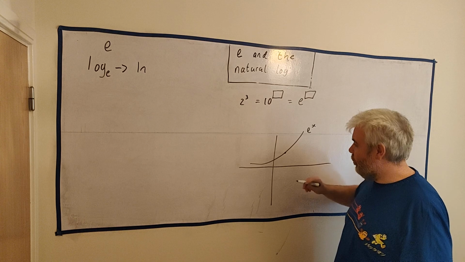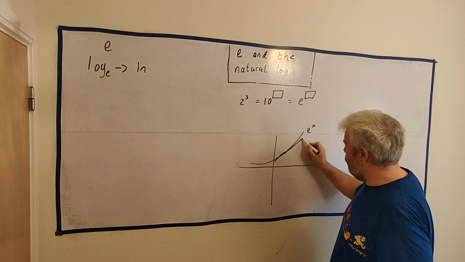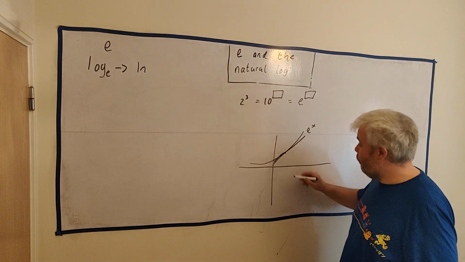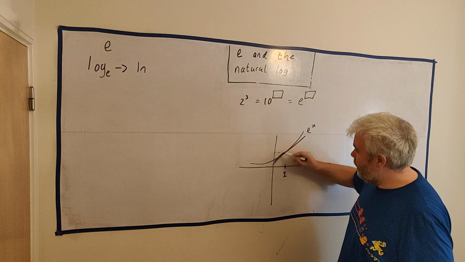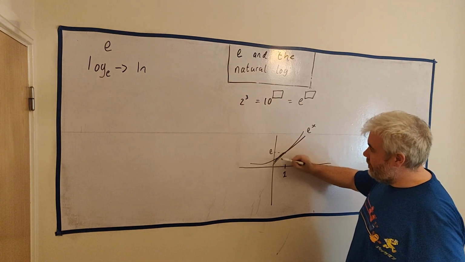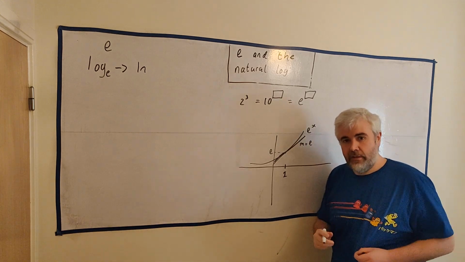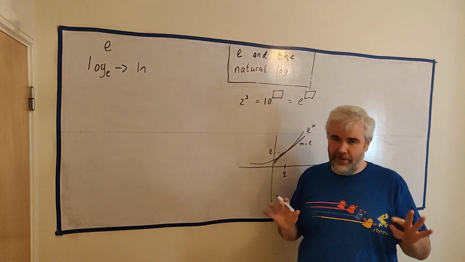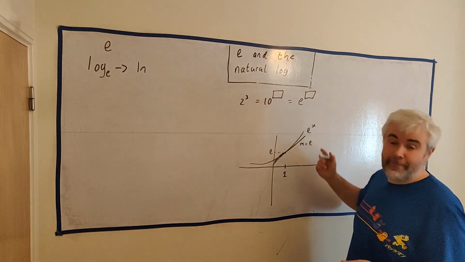Its curve, its slope here at 1. At 1, the function itself is equal to e, but its slope is also equal to e. That means its derivative, which you're not expected to know yet, its antiderivative, is the same as itself.